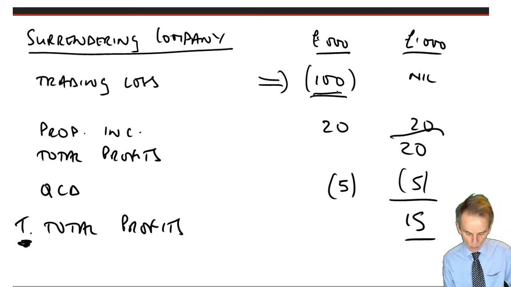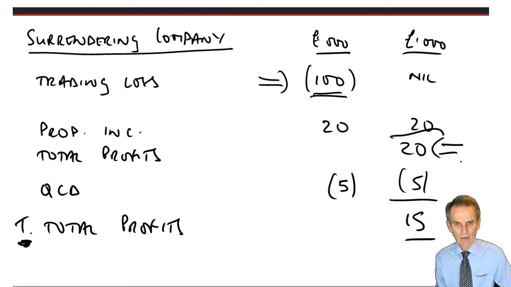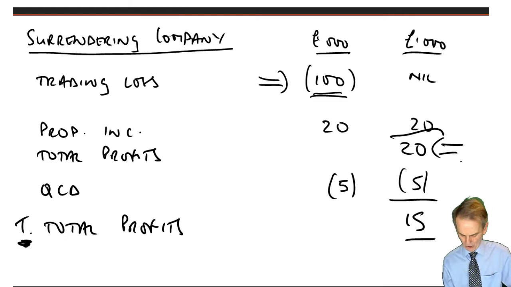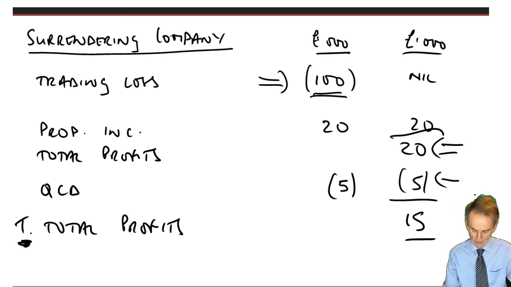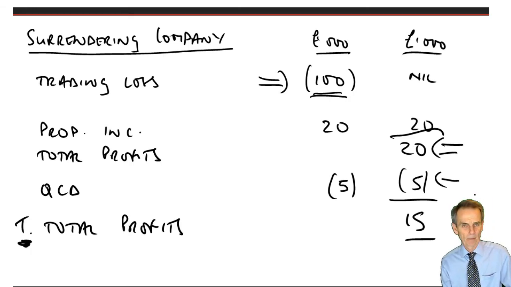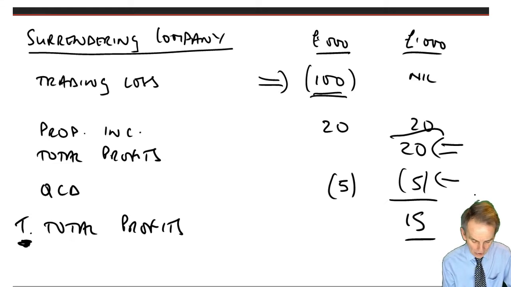So any part of that 100,000 loss, if you wanted to make a current period claim, that would be the amount of the claim. But of course, in so doing, it would create there that unused qualifying charitable donations of £5,000. So it's presumably not something you would wish to do. Another point here, remember, you talk about the other losses, or other figures, that are available for group relief.